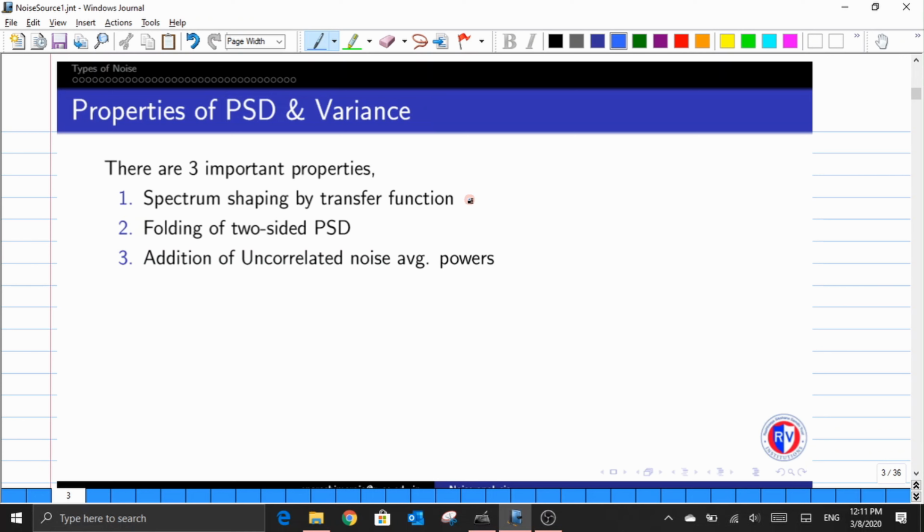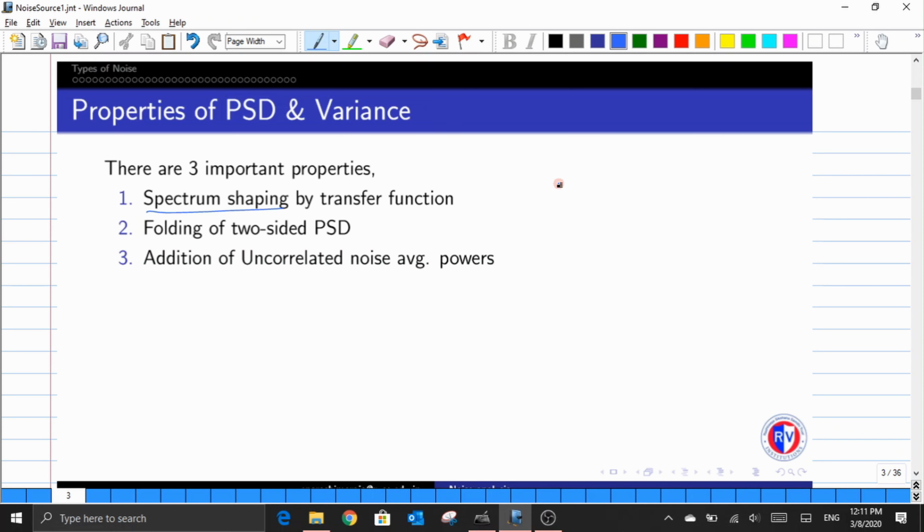Among the three, the first two are properties specific to the power spectral densities. Let us make a quick review of them. The first property is the spectrum shaping property.